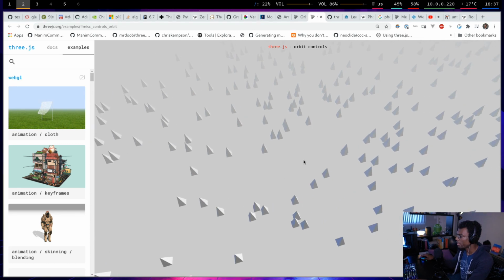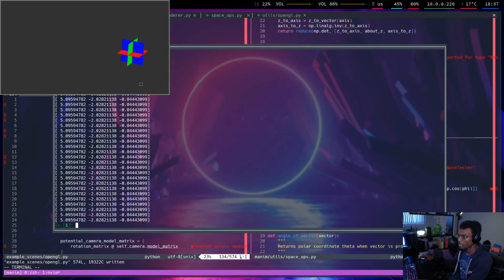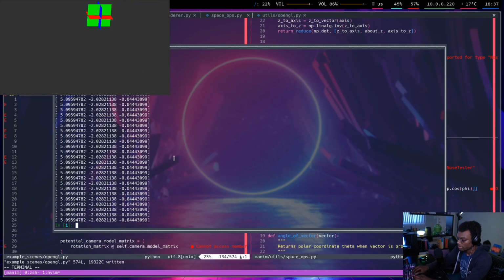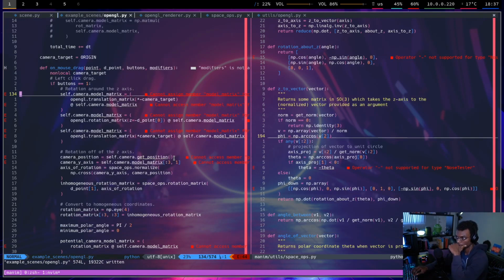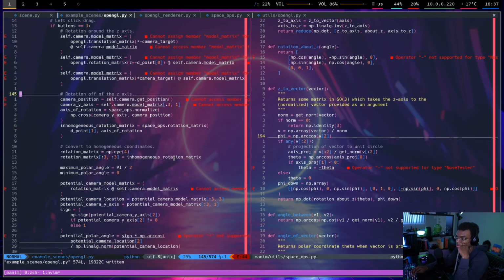But if I pan, then obviously now that tree's going to move in a circle. And I'm managing to get the same effect here. So that's great. As for the rotation off the z-axis, the polar angle.